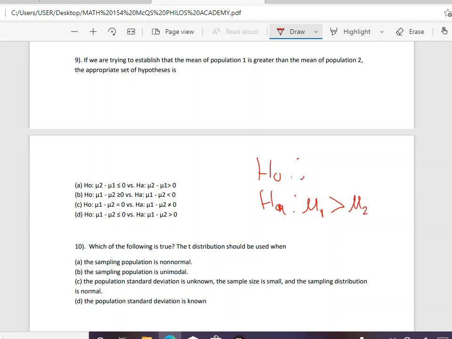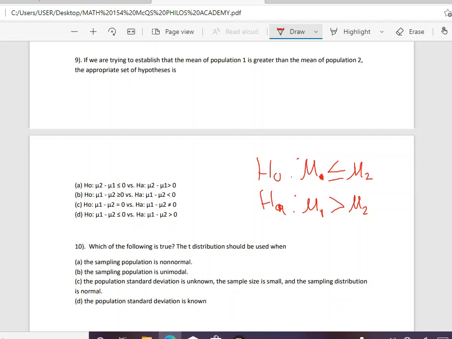So what will be the opposite? The opposite will be that the mean of population 1 is less than or equal to the mean of population 2. Okay. Now, to put your answer in this format, you see the possible answers are not in the format you've written it.